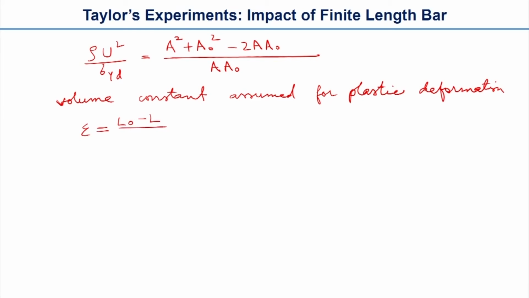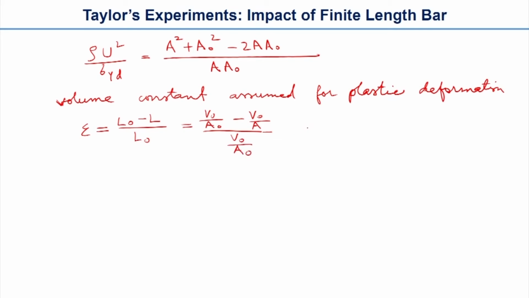We know the initial length and the final length of the bar, and the strain is the change in length divided by L naught, which will be given as V naught over A naught minus V naught over A, because volume is constant, divided by V naught over A naught.